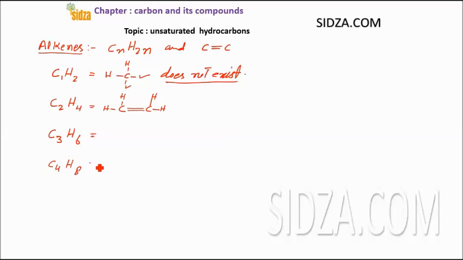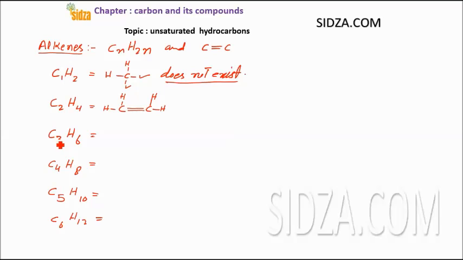So we multiply the number of carbon atoms by 2 to get the number of hydrogen atoms. Then C5H10, 5 into 2 is 10, and then C6H12.